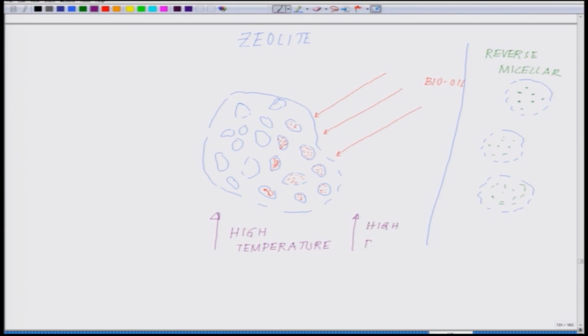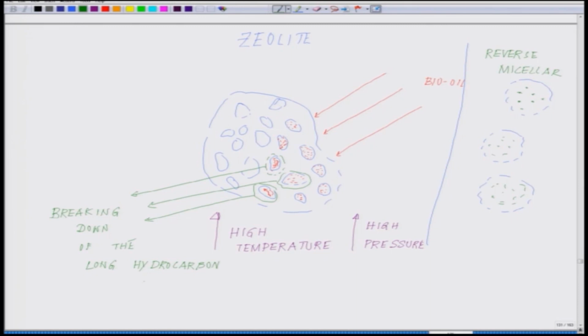In this situation, each one of those small pockets that you see out here are individual reaction vessels, just as I showed you in the analogy of the reverse micelle, and out here it leads to breaking down of the long hydrocarbon chains.